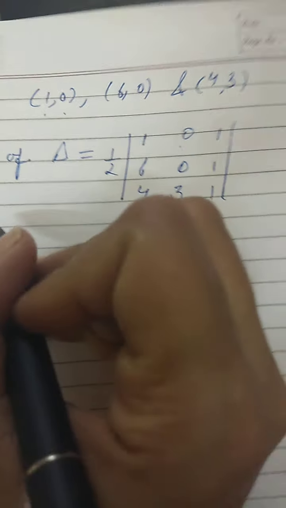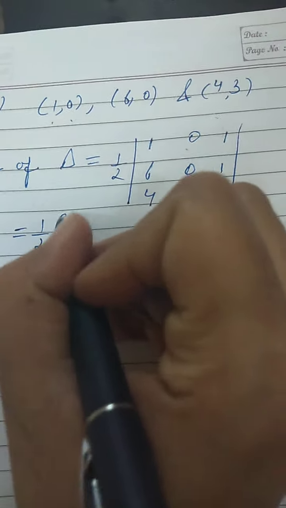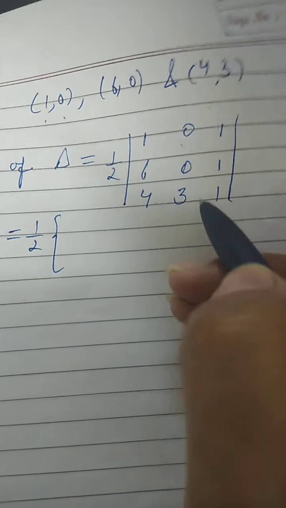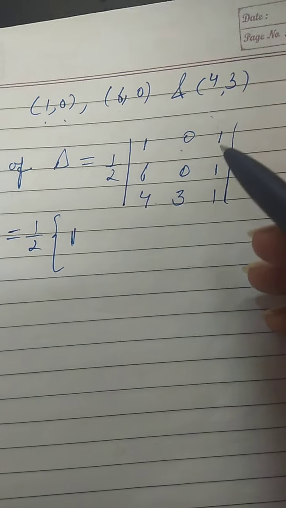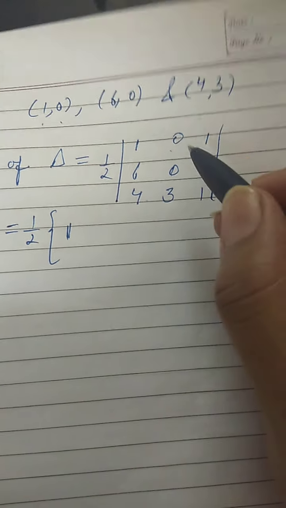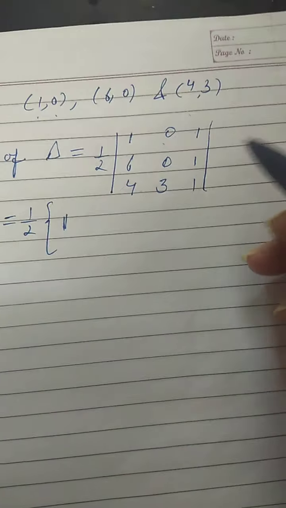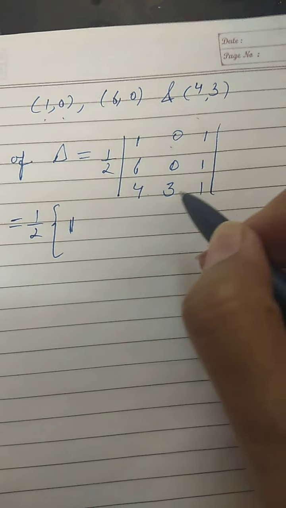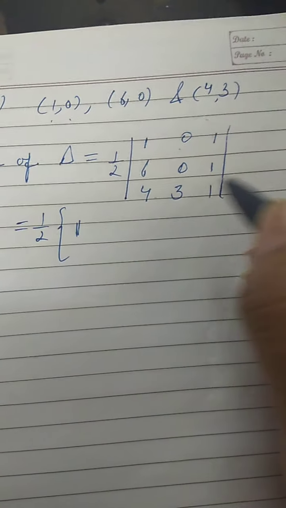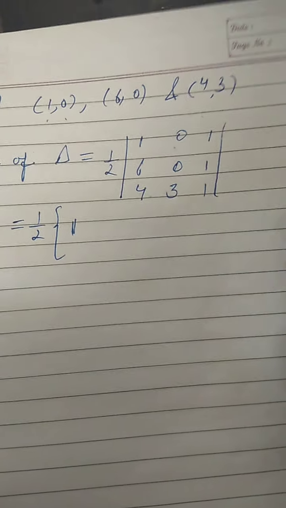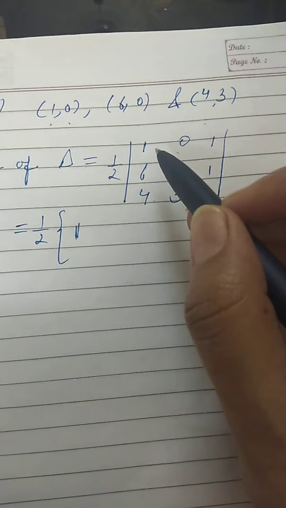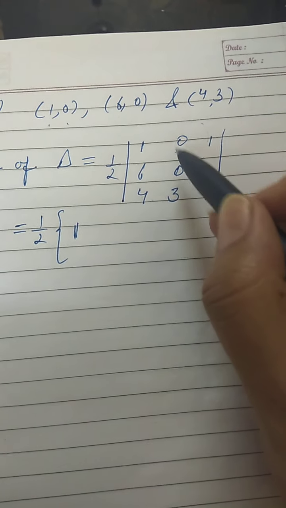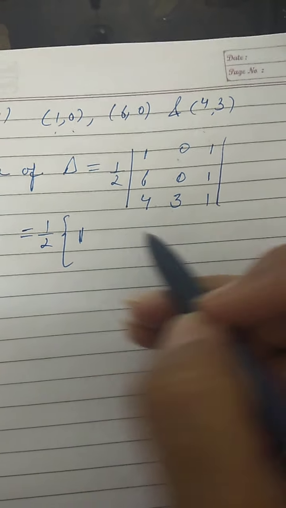And now it's all about calculation. This 1 by 2 we will keep as such. And when we are expanding the determinant, if you remember, in the previous video we learned that the row or the column which has the maximum zeros, we will expand the determinant along that to avoid calculation work and make the calculation easy. So here, if you notice, in the first column all 3 are numbers, but in the second column 2 are zeros and only one number is there.